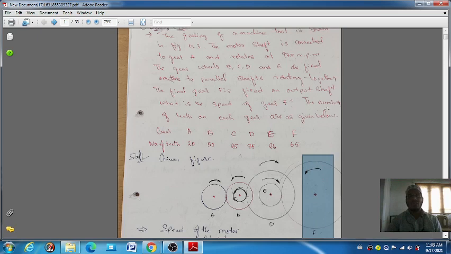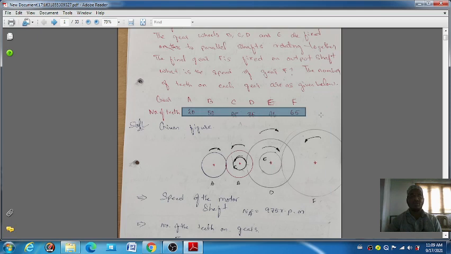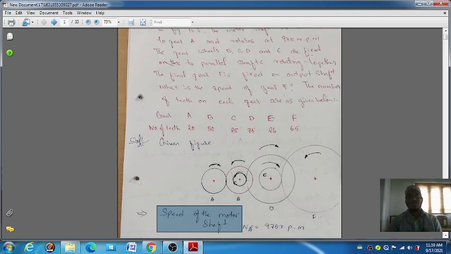Next, the number of teeth on each gear, A, B, C, D, E, F, is given here. With the help of this given data, we have to find out the speed of gear F. So first we have to write the speed of the motor shaft. 975 rpm is given here.